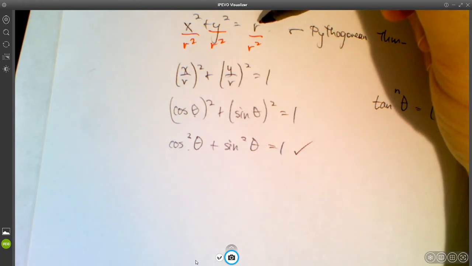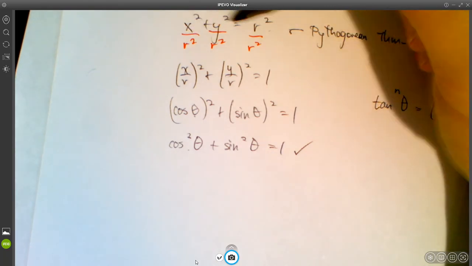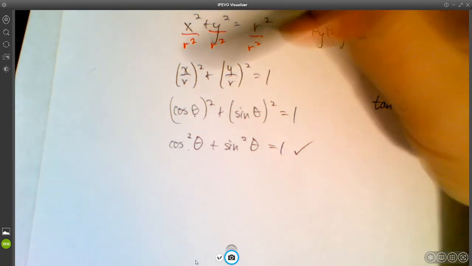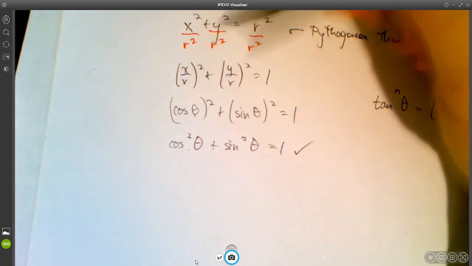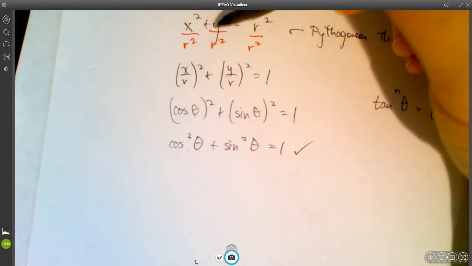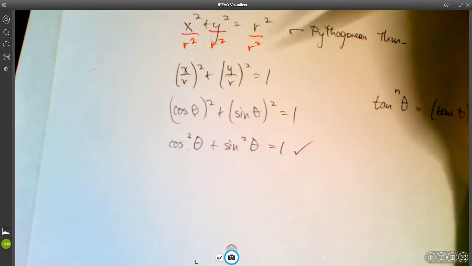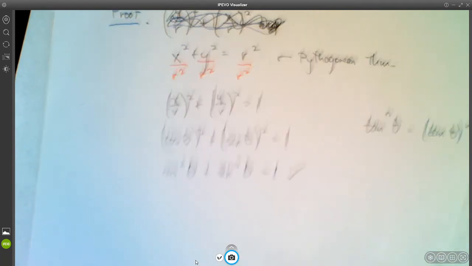R over x is secant, so 1 plus tangent squared equals secant squared. If we divide through by y squared, we get cotangent squared plus 1 equals cosecant squared. So those are all Pythagorean identities.